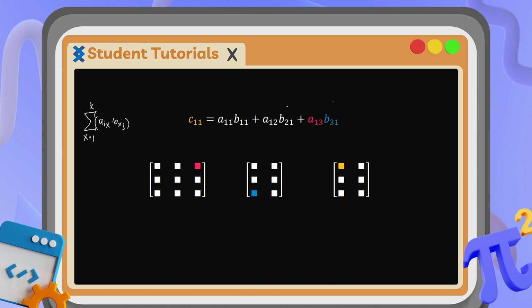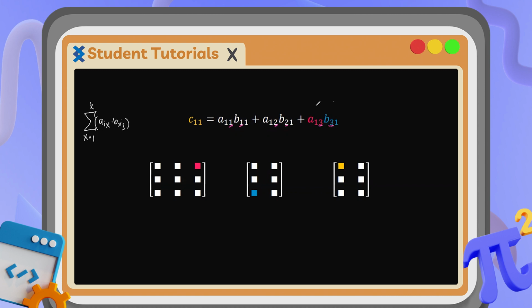Notice how the x here, which is the column of element A and the row of element B, are the same. So these are the same, these are also equal, and these ones are also equal.